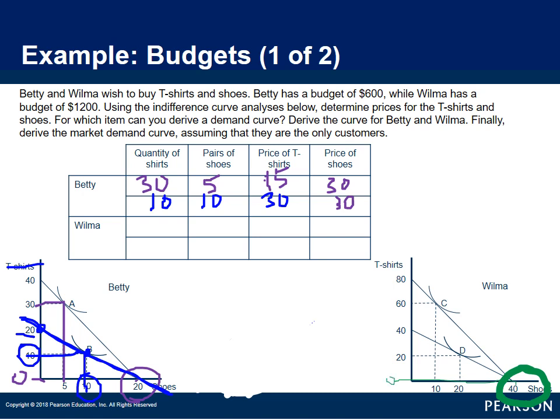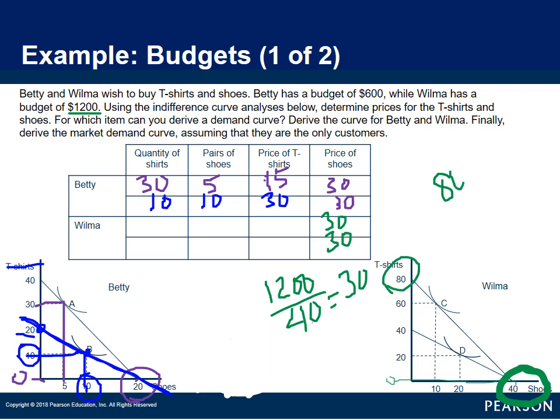Her budget is $1,200, so if we take $1,200 and divide that by 40, we get 30. So again, the price of shoes is staying consistent and is not changing. For t-shirts, in this case too, we can just double check our work.